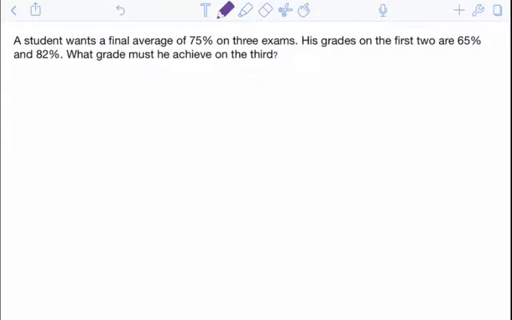Okay. A student wants a final average of 75% on 3 exams. His grades on the first 2 exams are 65 and 82. What grade must he achieve on the third exam? Okay, so step 1, I want to choose my variable.